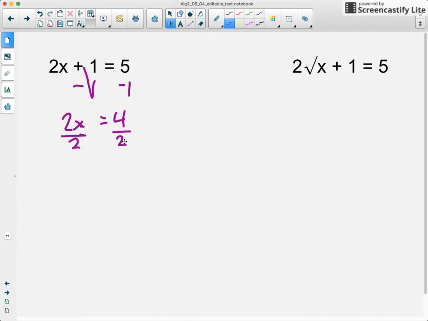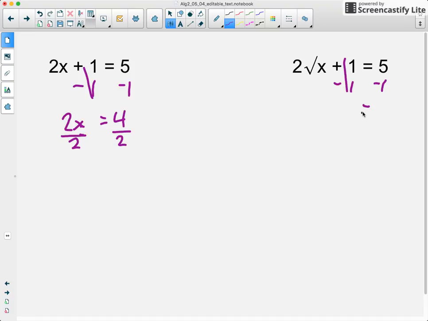You do the same thing with this one over here on the right-hand side, in that we want to first isolate the radical. So everything underneath the square root sign, we want to get by itself on one side of the equal sign. So we'd use the same steps here. We'd subtract 1 from both sides, one from the left, and 1 from the right. They cancel out.